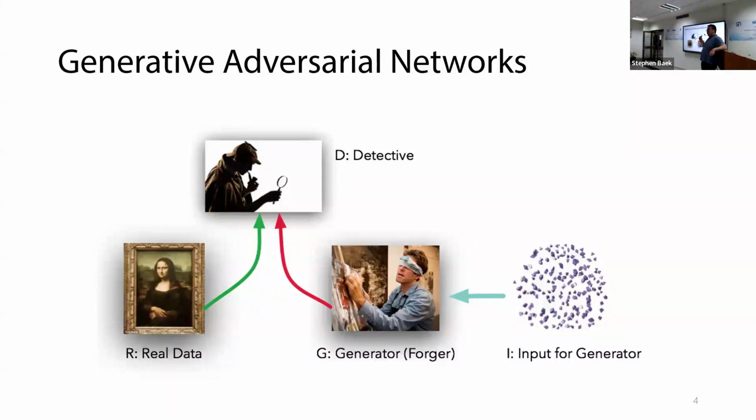That equilibrium is the point where the generator becomes so good at the generative task that the discriminator is no longer able to discriminate real versus fake. So the accuracy of the discriminator is going to converge to 50%, which is the coin toss, right? And that is essentially the converged state of the generative adversarial network.